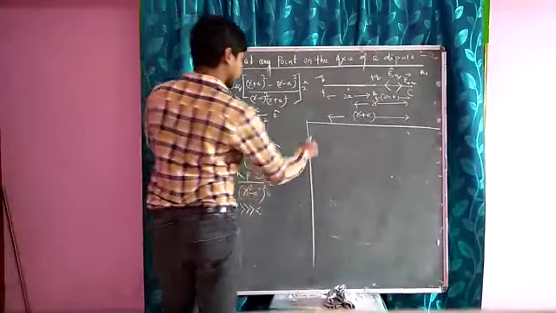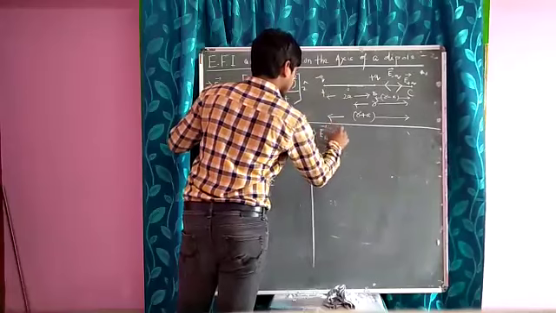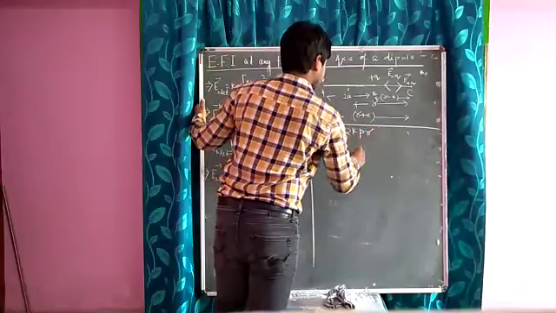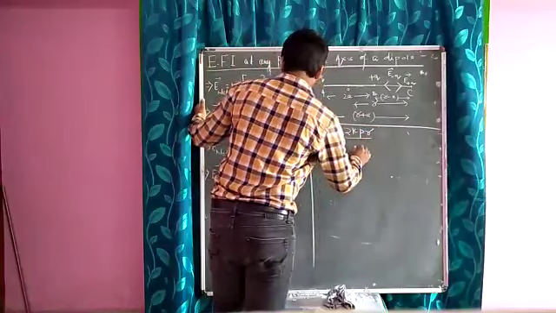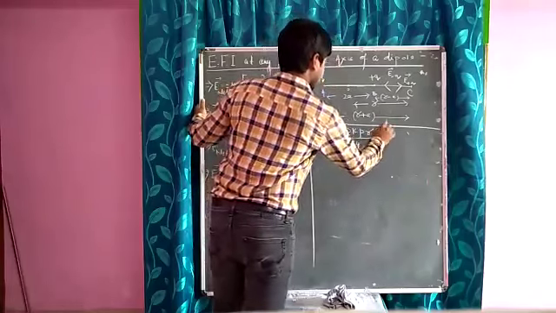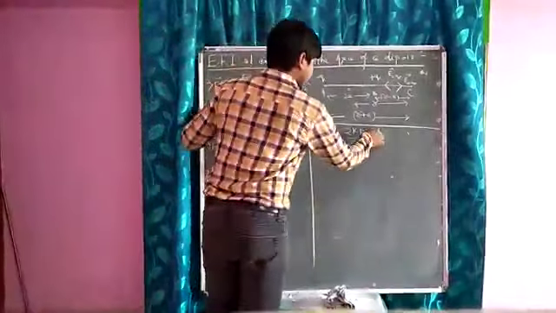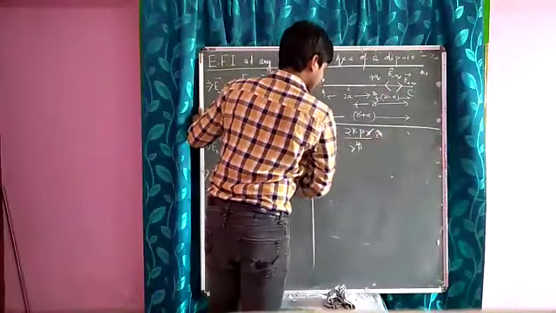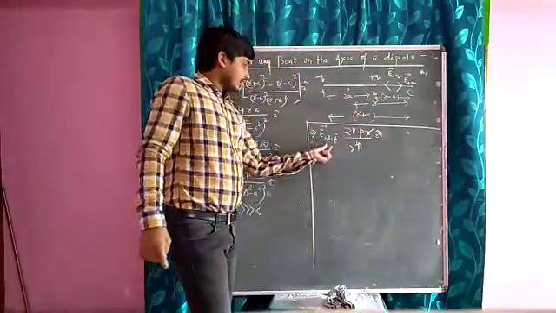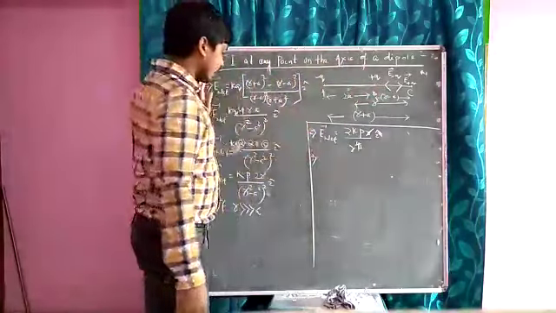So you will get E net is equal to 2kPr divided by R to the power 4 I cap. This A square will be omitted and here one R and this R will be cancelled. So you will get, better I will write E axial because I am calculating the electric field intensity on the axial line.